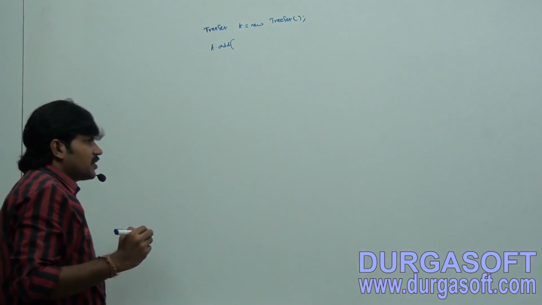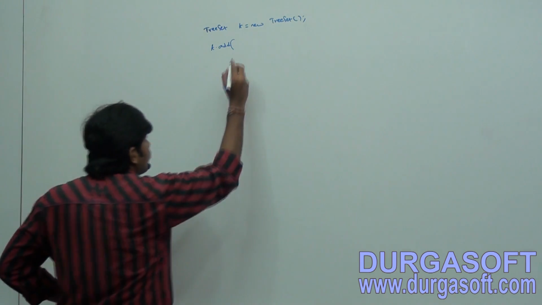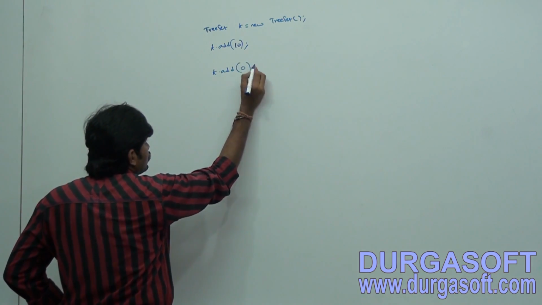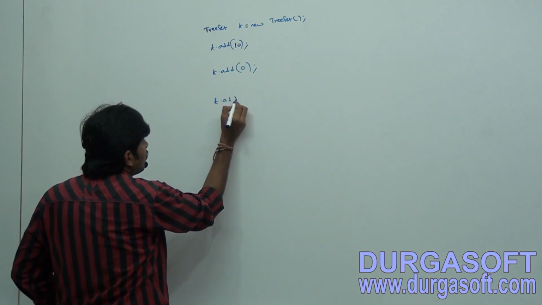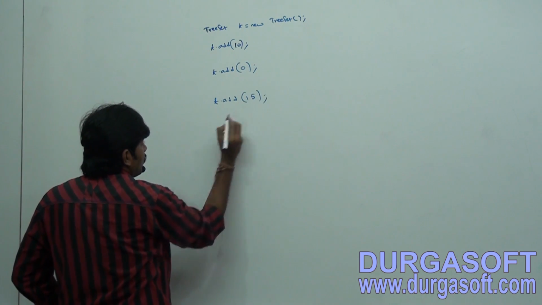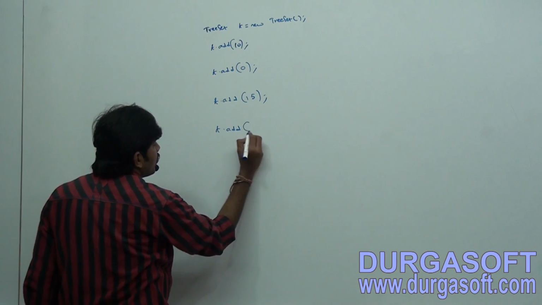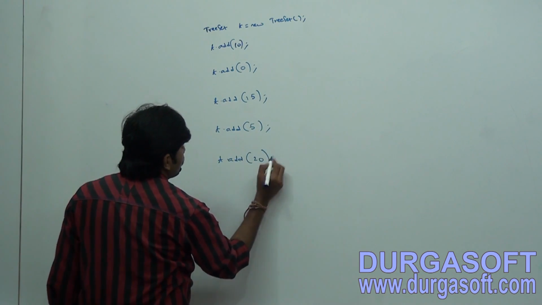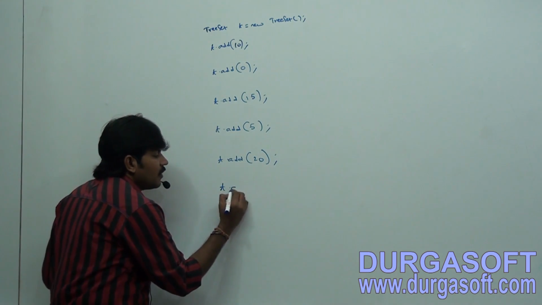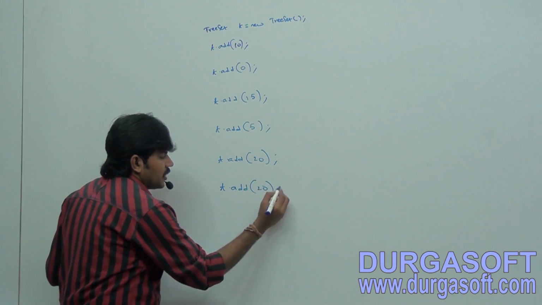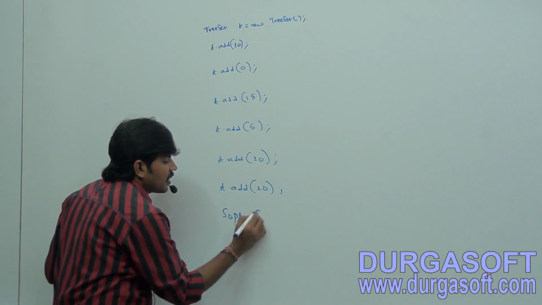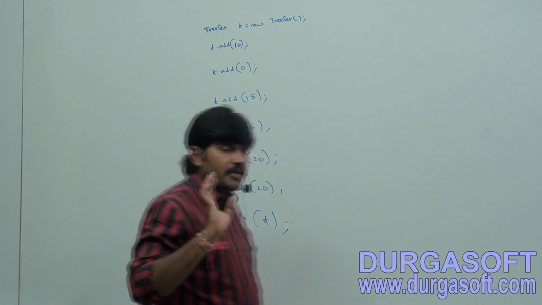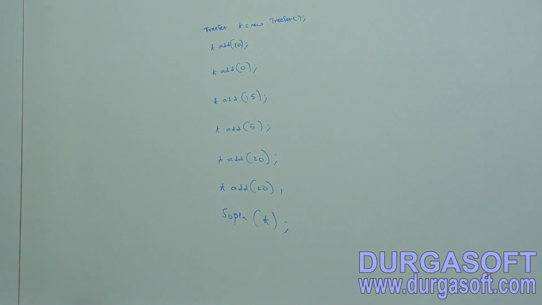Can you please read the numbers on the screen? t.add(10), t.add(0), t.add(15), t.add(5), t.add(20), and then System.out.println(t). That's all. Now take very special care about these values, right?